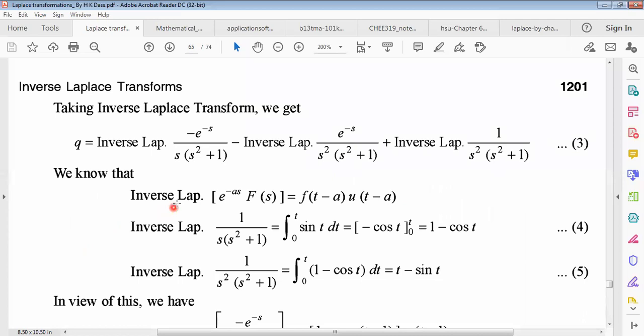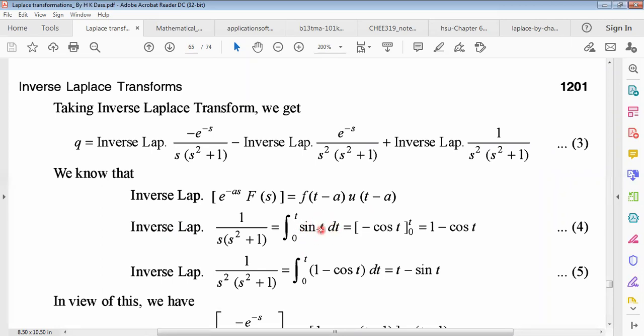We know the inverse Laplace transformation of e to the power minus as F(s), the shifting property, equals f(t minus a) u(t minus a). This is the inverse Laplace transformation formula. From the chart you can check this. And the inverse Laplace transformation of 1 by s(s² plus 1) equals, this is the integration property, the integral from 0 to t of sin t dt.